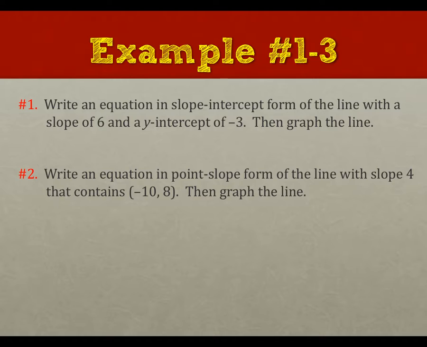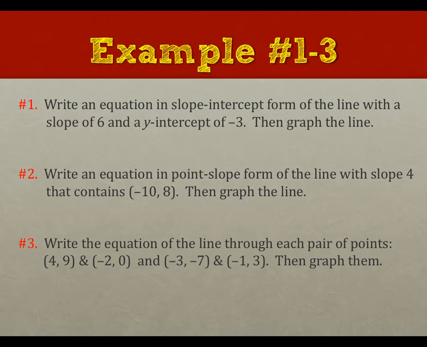Any problems on 1 or 2? Good, I was hoping that would be the case. Example number 3. Uh-oh. Can you see? No. Hold on, let me move the board up. Because I've got 47 examples to go through, let's just do this one. We'll forget about this one for now.